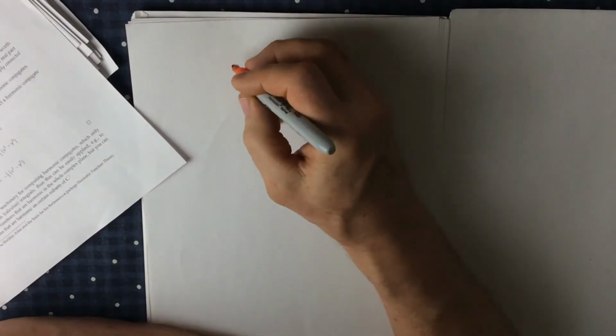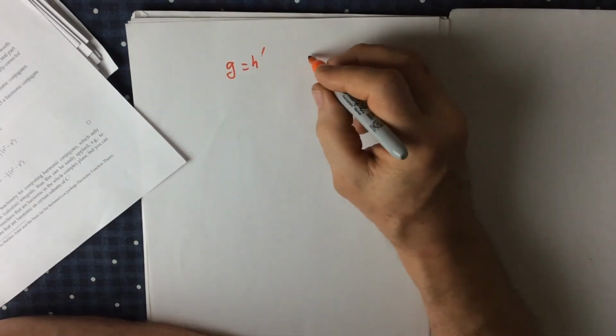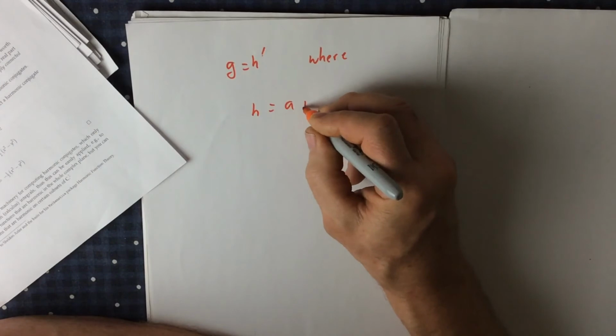All right, so the last thing I'm going to do here now is to successfully get that the function g is h prime, where h is some a plus bi.